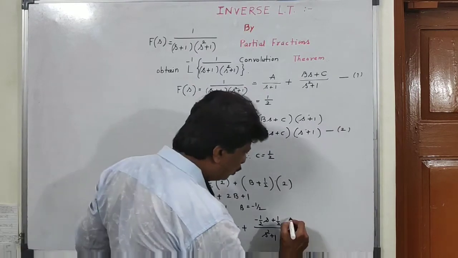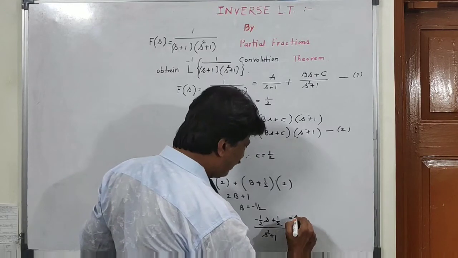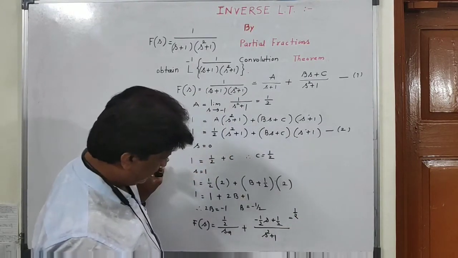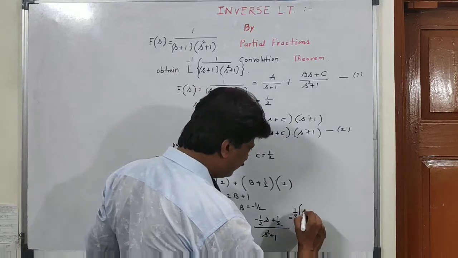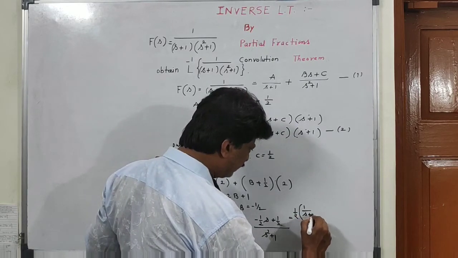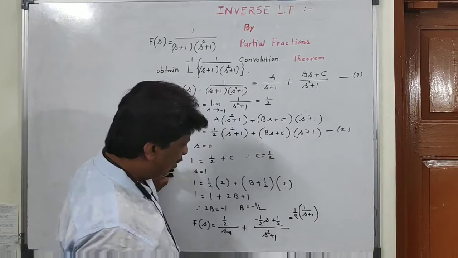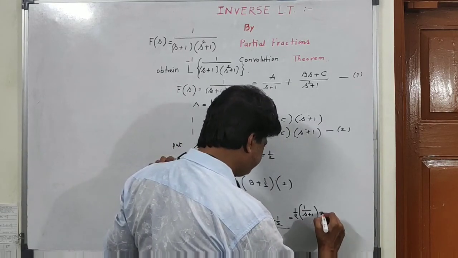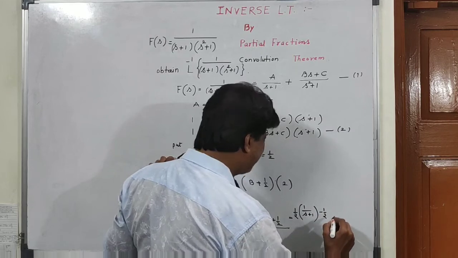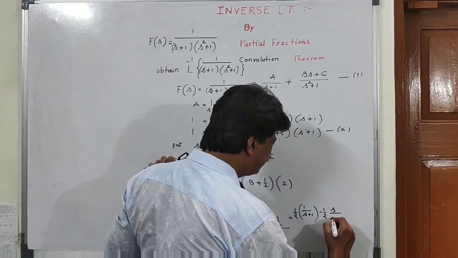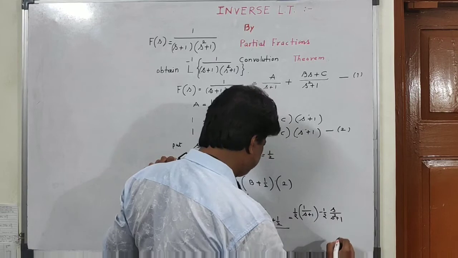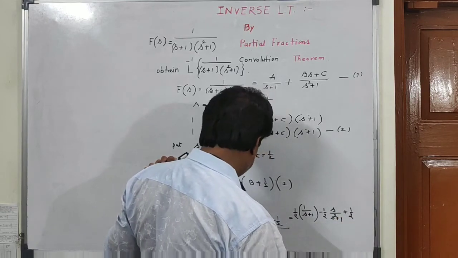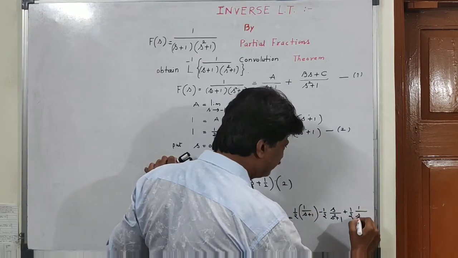Which is further equal to 1 by 2 times 1 upon s plus 1, minus 1 by 2 times s upon s square plus 1, plus 1 by 2 times 1 upon s square plus 1.